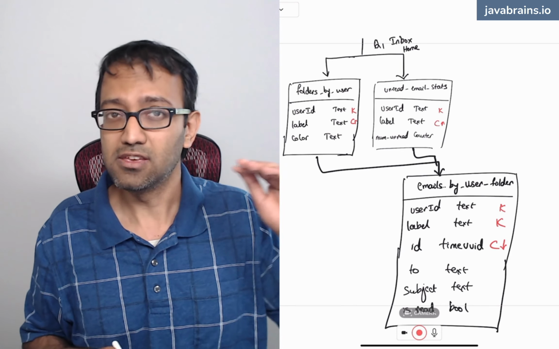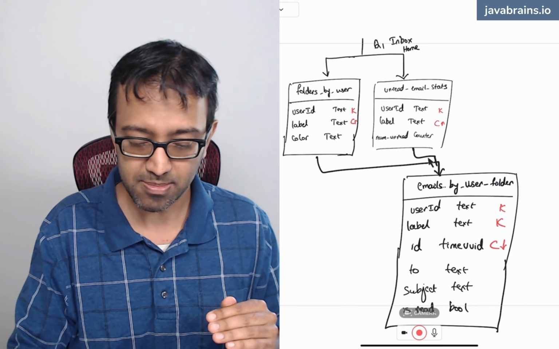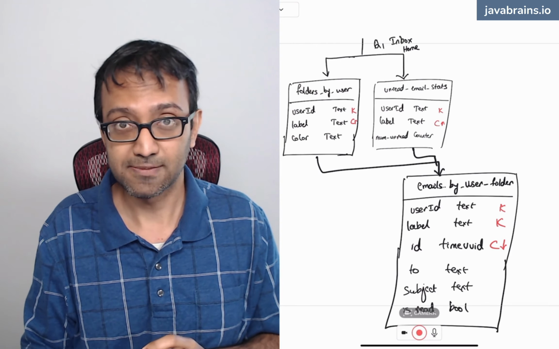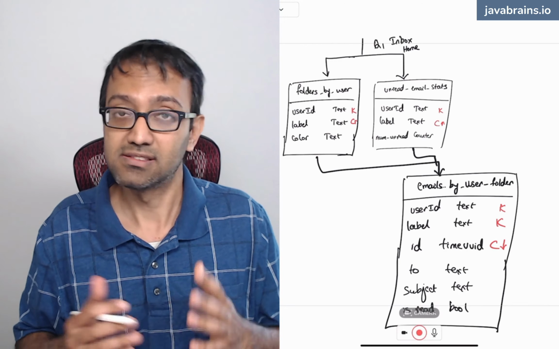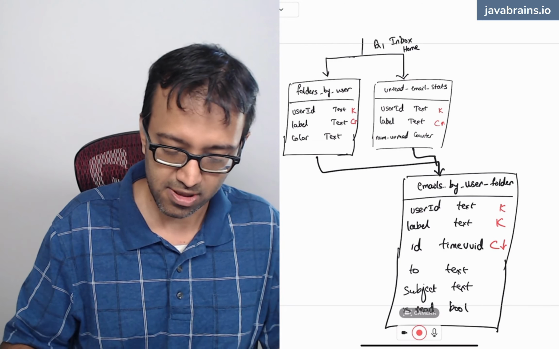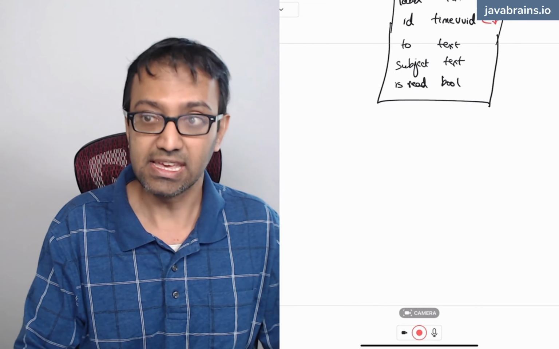But then you click on another folder, guess what needs to happen? It needs to come over here for that user and that folder, give me all the emails. All right. That's the next step in the user flow, the user application workflow. Now from here, the user clicks on one email, one message, and they're going to see that message.